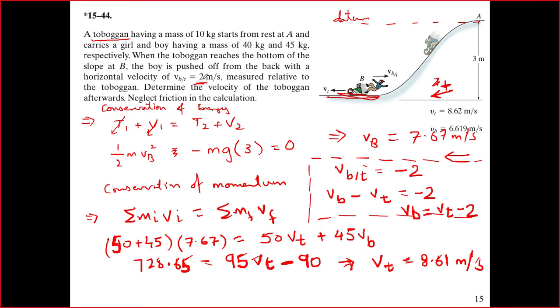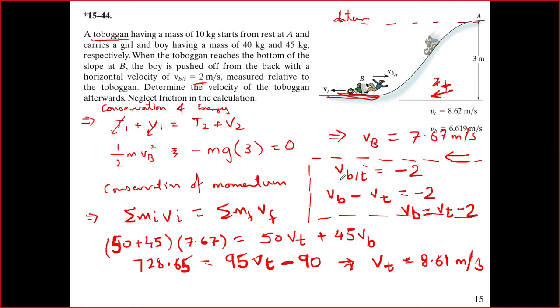So when it was telling me that it's 2 meters per second, it was showing that the boy's relative velocity to the toboggan was to the right. Now, because I had made my positive sign convention to the left, that's why I had written down that the boy's relative velocity to the toboggan is -2.